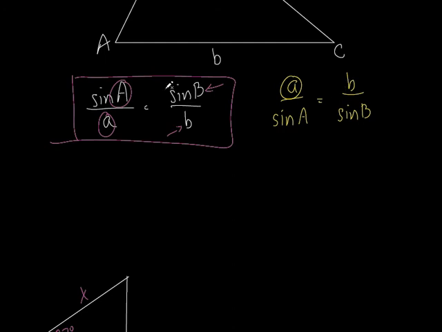If I'm trying to find an angle using the law of sines, I'll do it this way. Does it make sense? So if I'm trying to find an angle, I'll write it like this. If I'm trying to find a what? A side, I'll write it like this. It just makes it a little easier. You don't have to. I'm just trying to help you out. Isn't that nice of me?